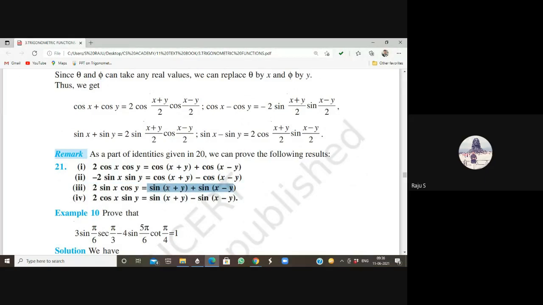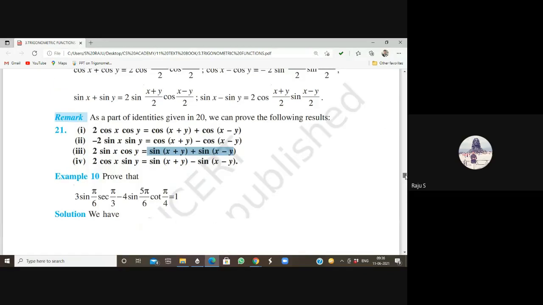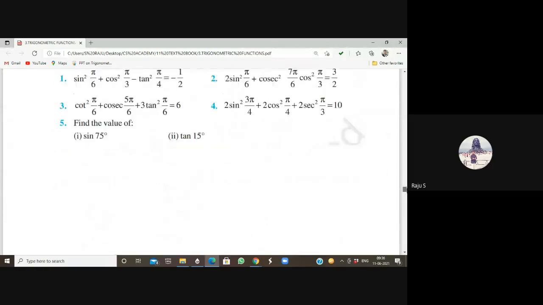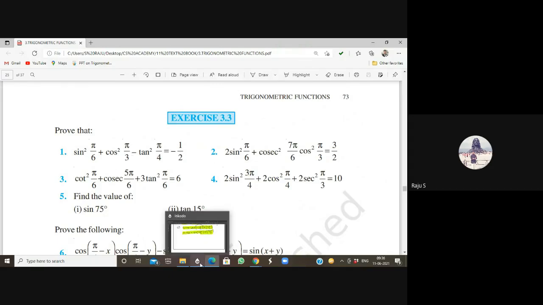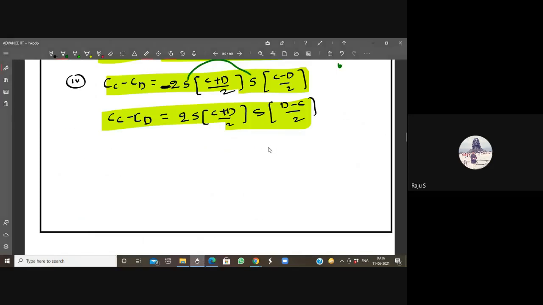We substituted like the sin(a plus b), sin(a minus b) formulas. We simplified that and got the answer. Then we'll start the second one. We completed the first one already. The first one is easy, you can try. I'm going to do the second one.